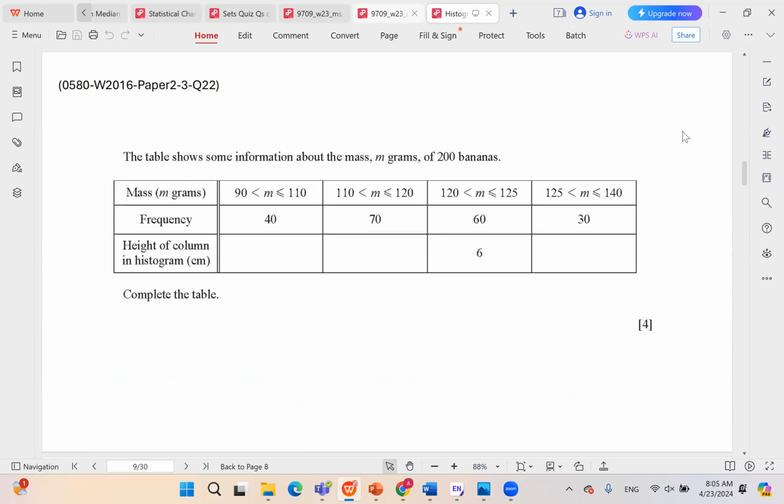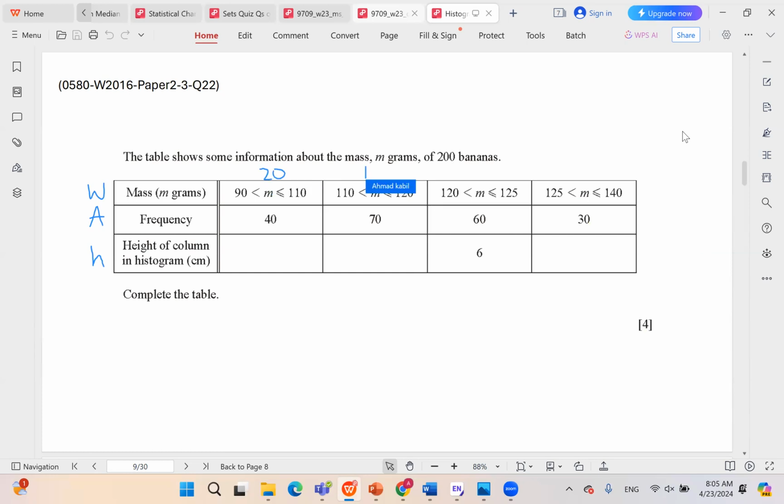The table shows some information about the mass m grams of 200 bananas. Complete the table. So they gave us the mass and they gave us the frequency and they want the height of the histogram column. So like we said, this is the area and this is the width. We can get the width from this, and then you want to get the height. So for the first row, the width here will be 20.